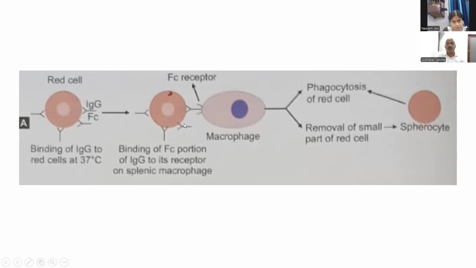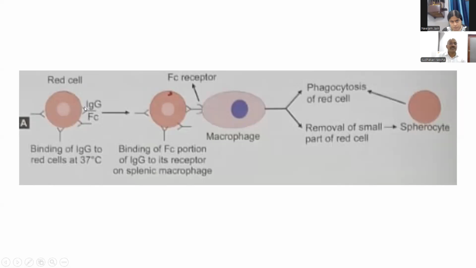These are the immunoglobulins. So in these immunoglobulins, there is an Fc end, and towards the Fc end, there is a receptor present on the macrophage. So the macrophage will bind to the Fc receptor on the immunoglobulin, and it will try to break the RBC. It will engulf the RBC and destroy the red cells. So because the macrophage will engulf and destroy the red cells, there is a decrease in the hemoglobin percentage and hemolysis.